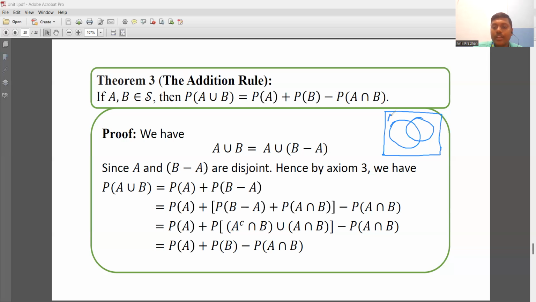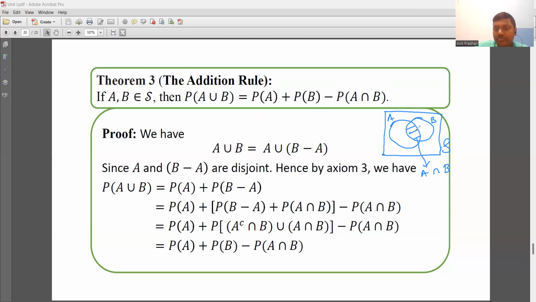So this is A, this is B, and this portion is A intersection B. So this is my whole sample space, omega, we are talking about.